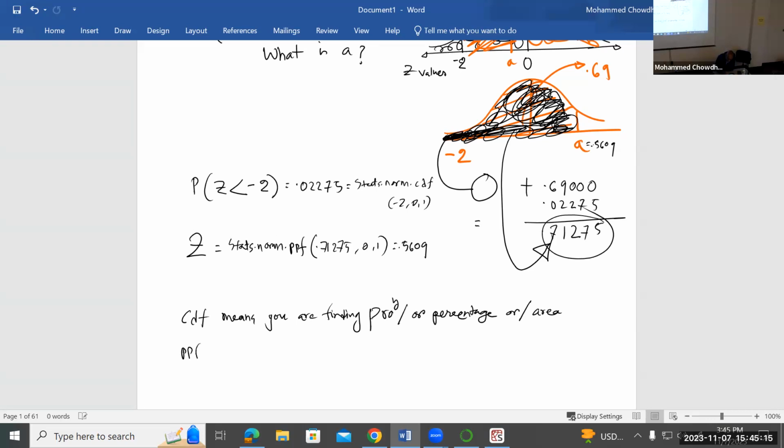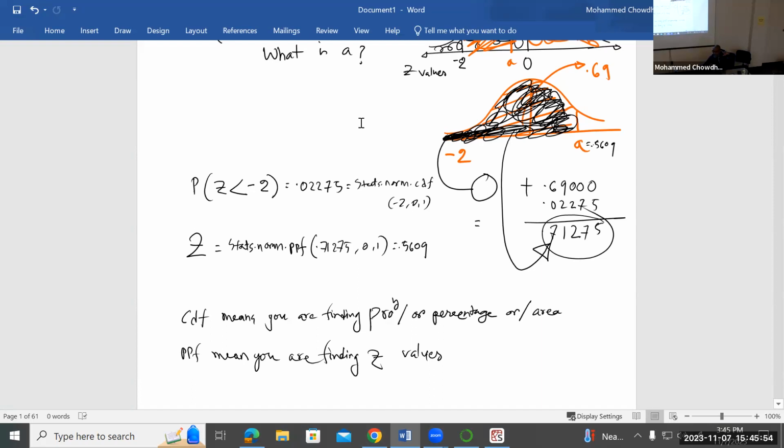And PPF means you are finding Z values. So everyone understands, right?